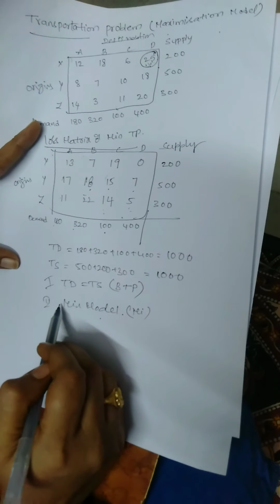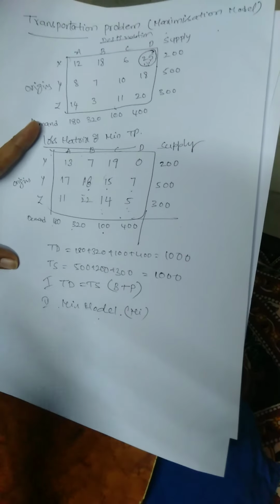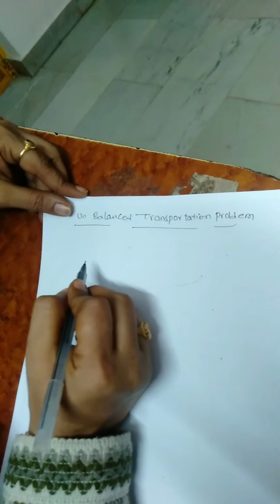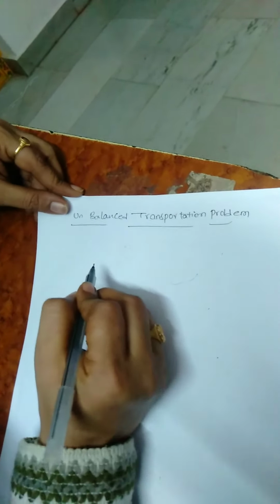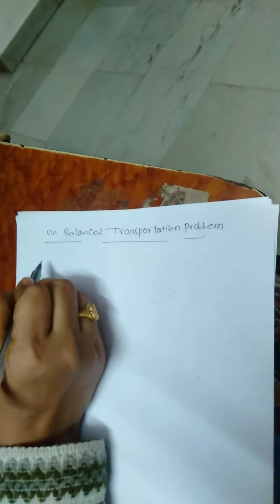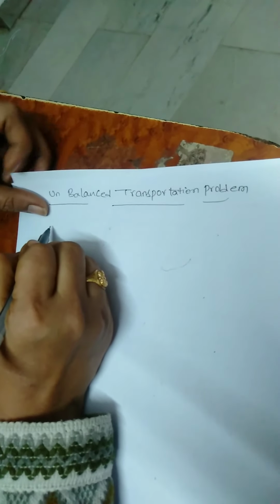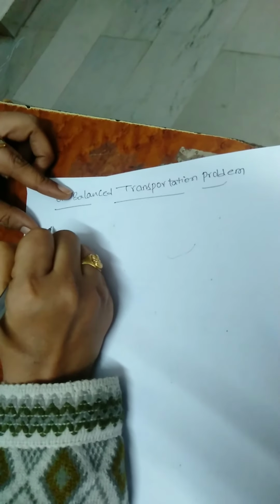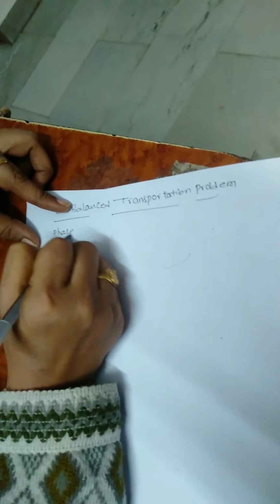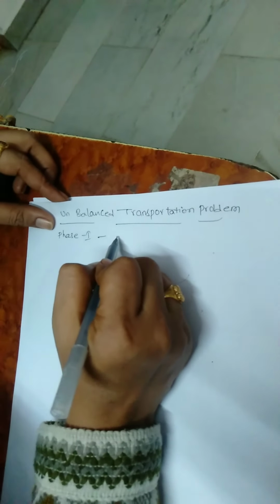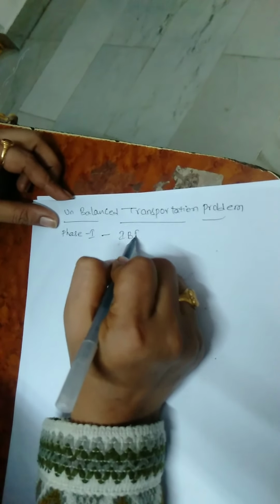These are the two conditions we have to check. So while solving the transportation problem, we have to check balanced or unbalanced and maximization or minimization model. After that, there are two phases in solving a transportation problem. Phase 1 is finding IBFS.